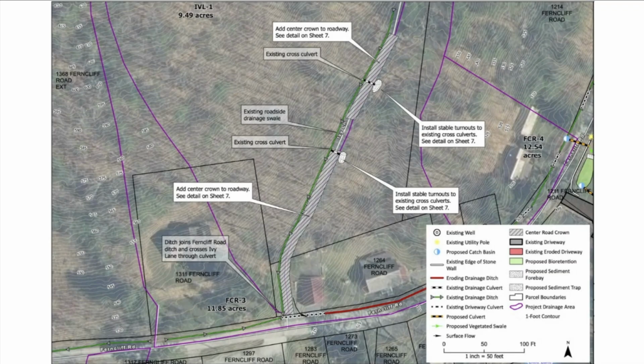Yeah, so this would, again, divert a portion of the runoff, for example, that's coming down in this area to here. It would send it across the road, and we're calling for stable, what we call turnouts. So basically some stone at the outlet of the culvert, so it wouldn't just blast into the woods and cause erosion.